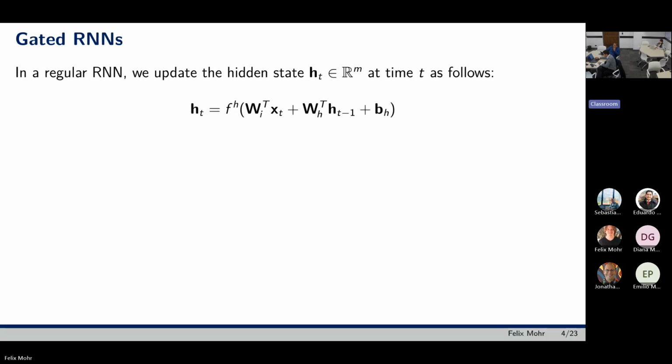What we had last week was that we have an internal state of some dimensionality. This dimensionality here is M, the hidden layer dimensionality. And this is updated based on its own previous state and the next token that is being read from the input.